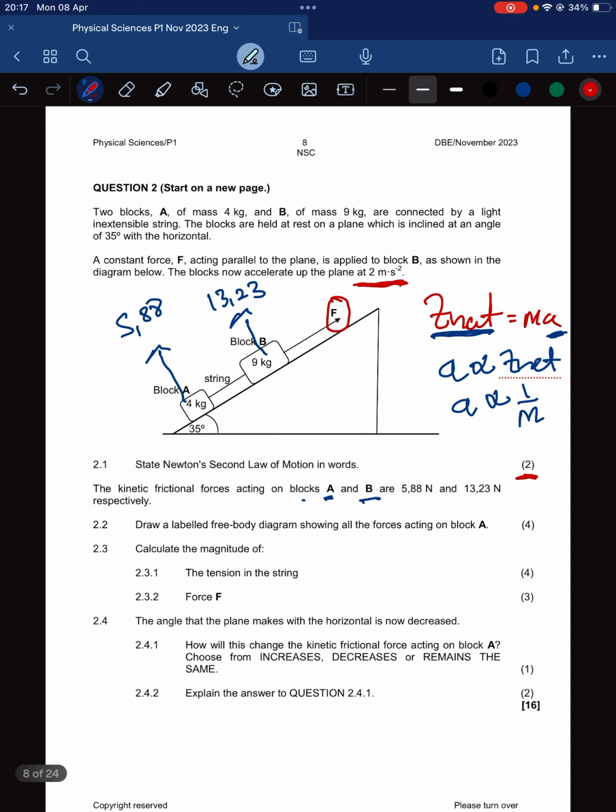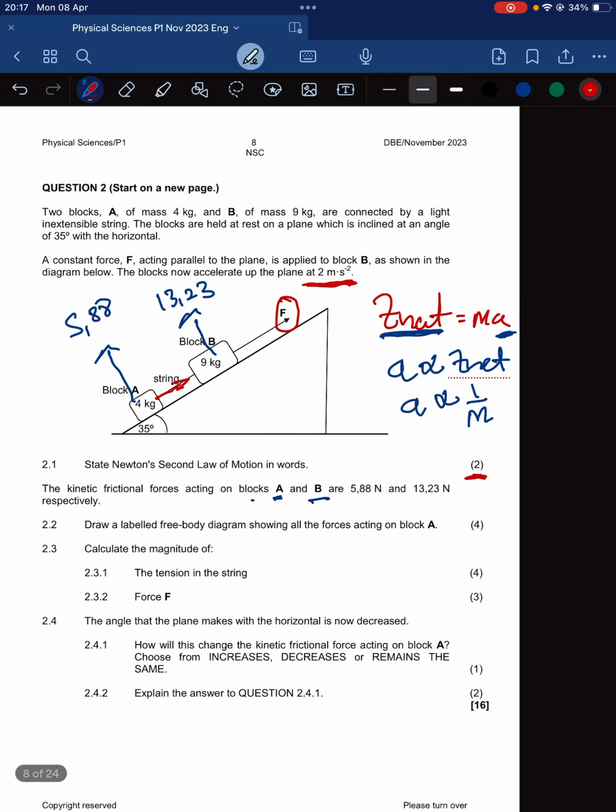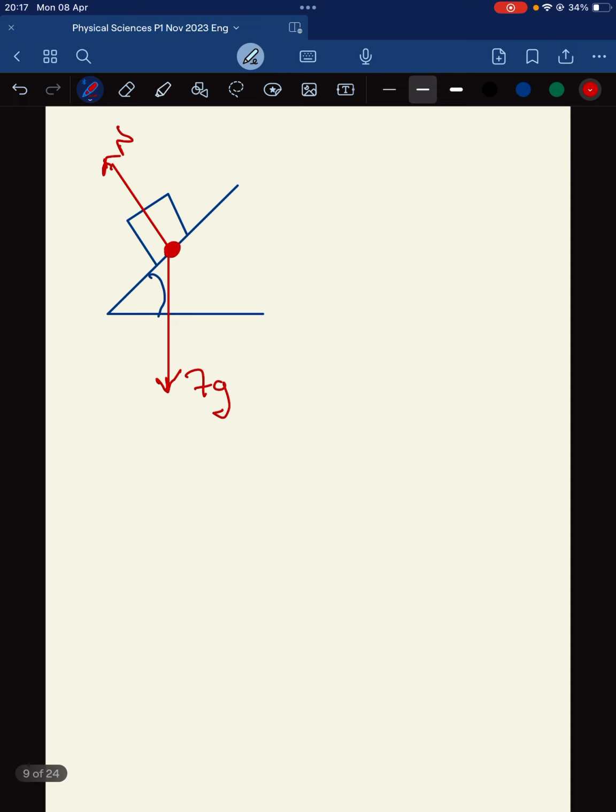And if you look at this here, this is a string pulling the object upwards, and whenever there is a string, there needs to be a tension force. So the other force here is what we refer to as tension. You can write it as Ft or T. It's absolutely up to you.